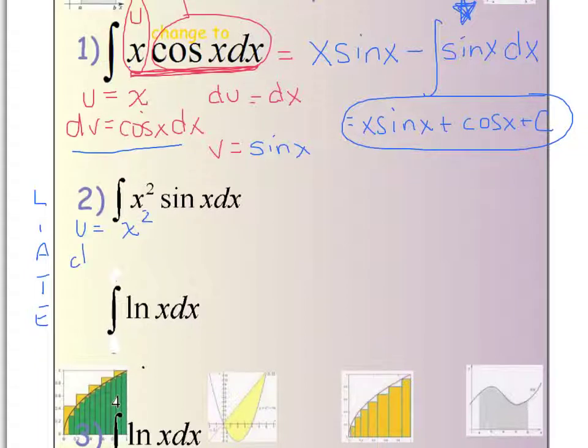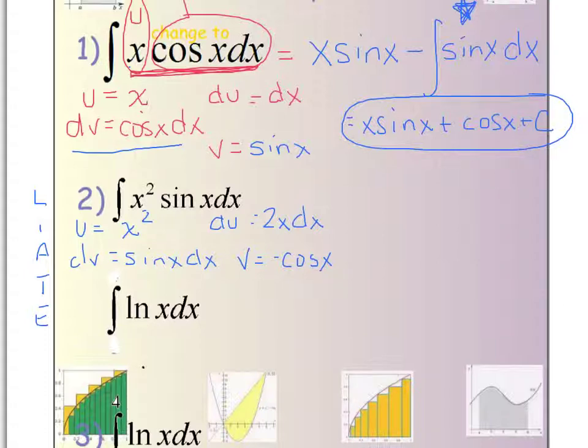Then dv has to be the rest of the stuff, which is sine of x dx. And then du will equal 2x dx, and v will be negative cosine of x.